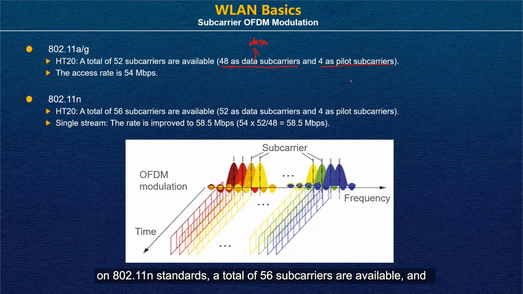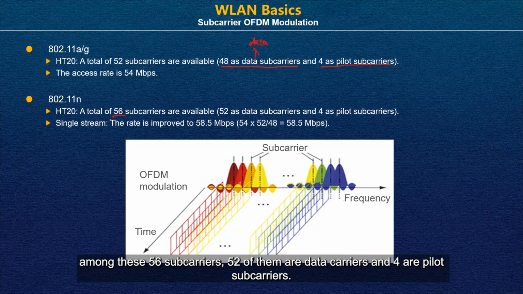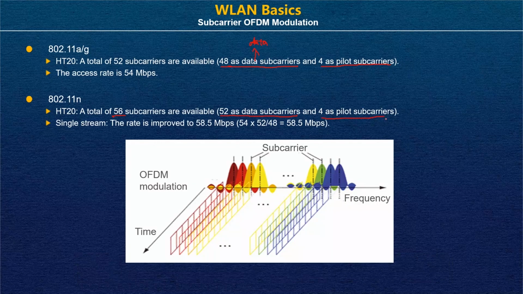While in the 802.11n standard, a total of 56 subcarriers are available. And among these 56 subcarriers, 52 of them are data subcarriers and 4 are payload subcarriers.